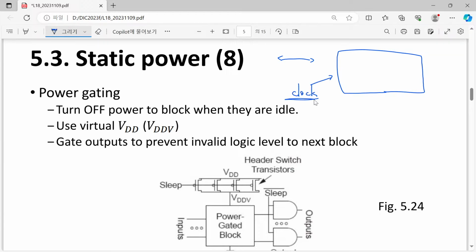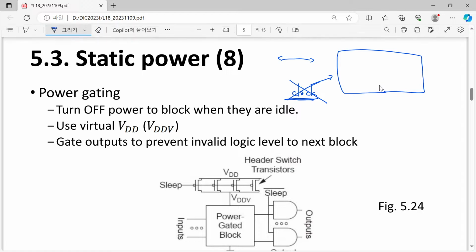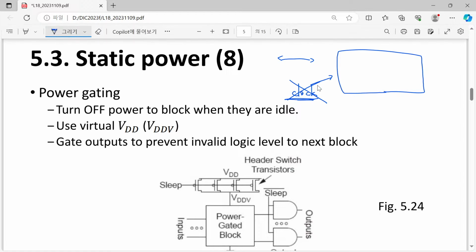The clock signal is once again the heartbeat of your chip. If you provide no clock signal, then it does not switch. So that was the situation.